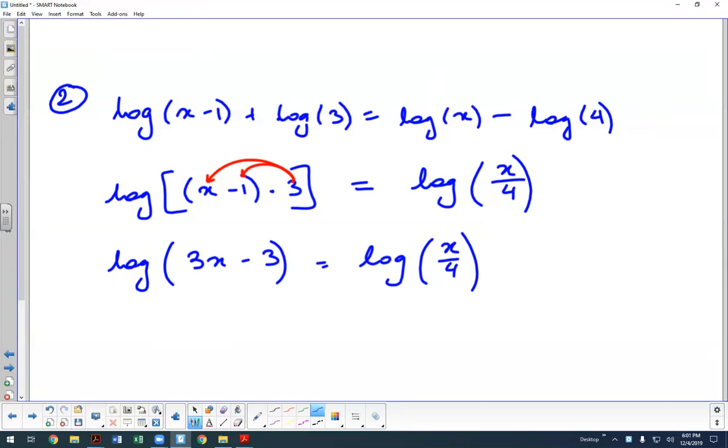I think we talked about the one-to-one property in 4.3, or maybe 4.2, but you can go back and look at it. So since they are the same base logs on both sides, you can just say 3x minus 3 equals x over 4, and this is by the one-to-one property.